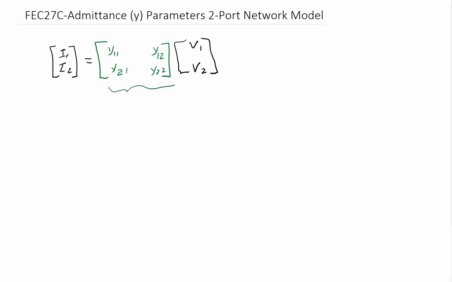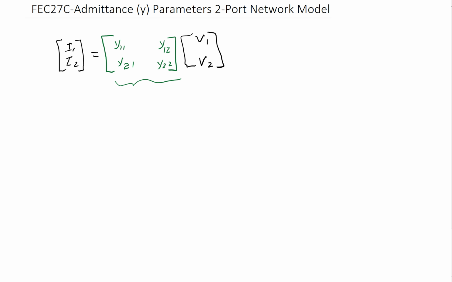Using our knowledge of how matrices multiply, if it helps us solve the problem more easily, sometimes we write this as I1 equals Y11 V1 plus Y12 V2, and I2 we write as Y21 V1 plus Y22 V2. So these are the Y parameters, the admittance parameters. This is the equation associated with it.